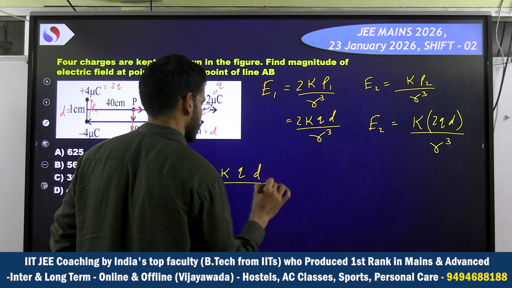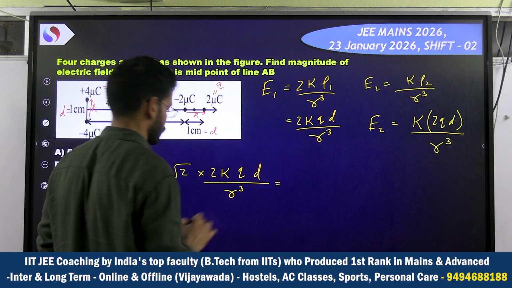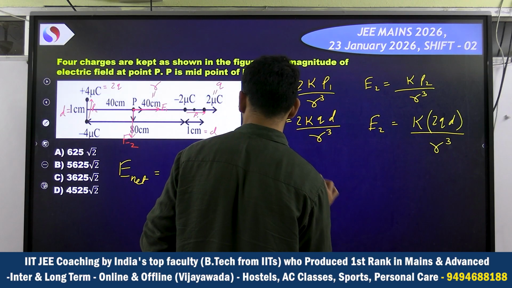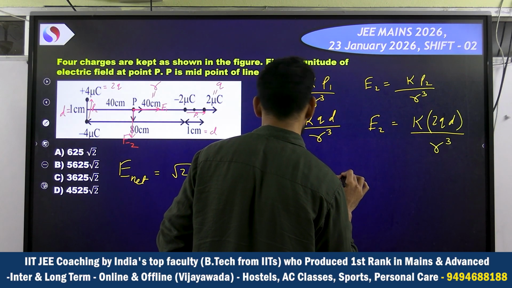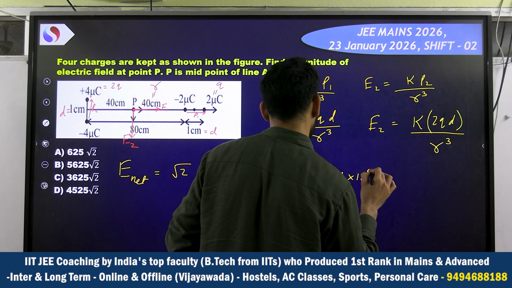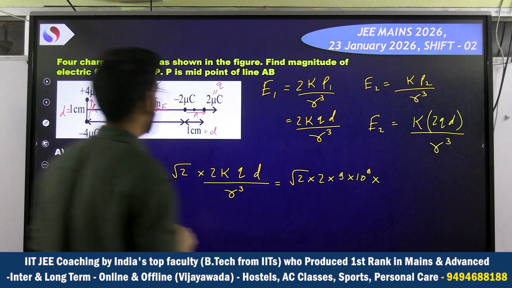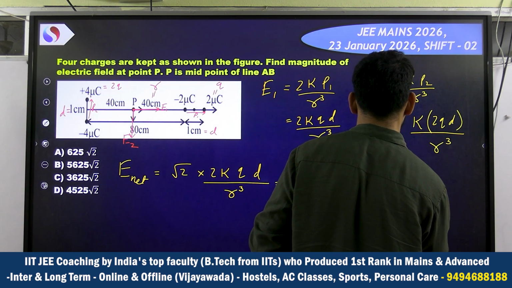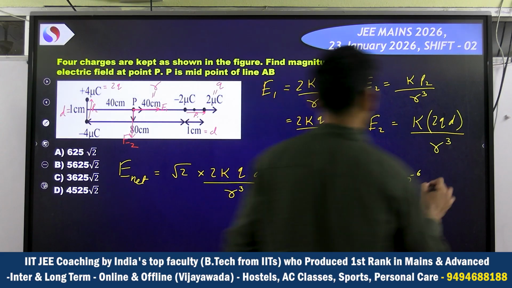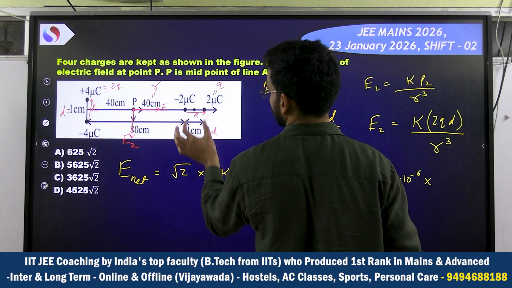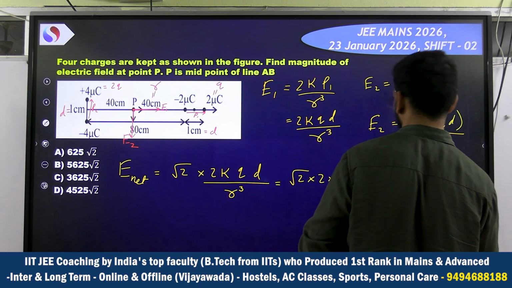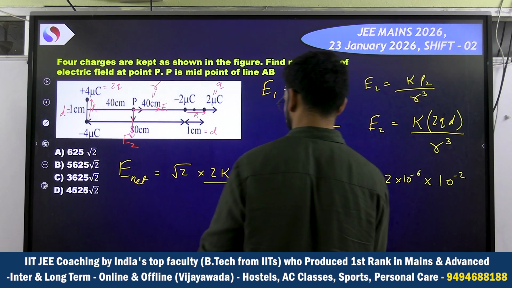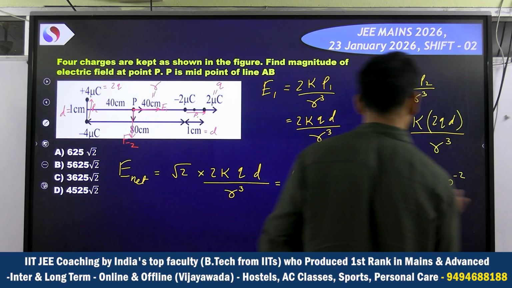2KQD by R cube. Okay, so let's put the values: root 2 into 2 into K value 9 into 10 to the power 9, into Q value, what I said, 2 microcoulomb, so that will be 2 into 10 to the power minus 6, into D, which I said is 1 centimeter, that is 10 to the power minus 2, divided by R cube.